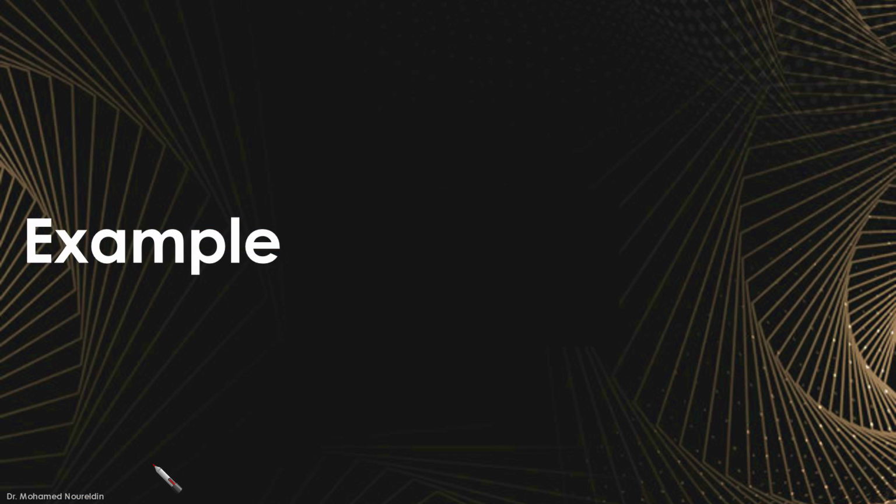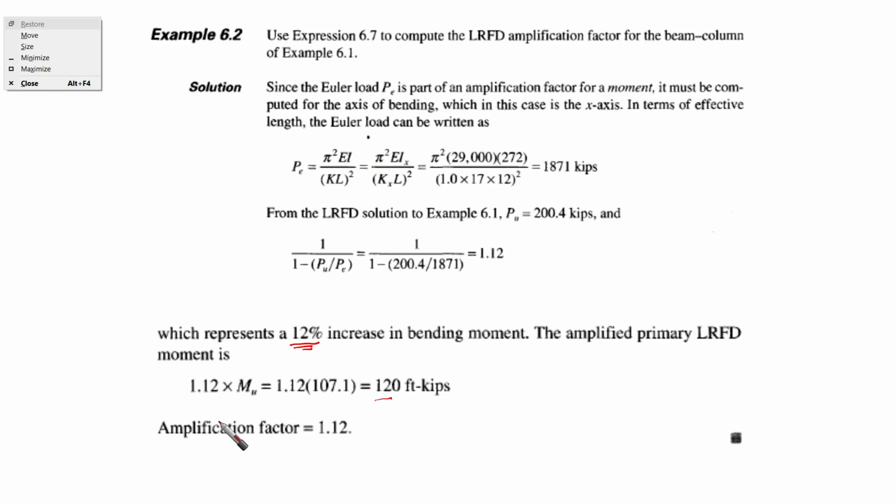Now I think we are ready to go into an example and see more about it. We're going to find this example in the textbook also. Use expression 6.7 to compute the LRFD amplification factor for the beam column of example 6.1 that we have explained before.